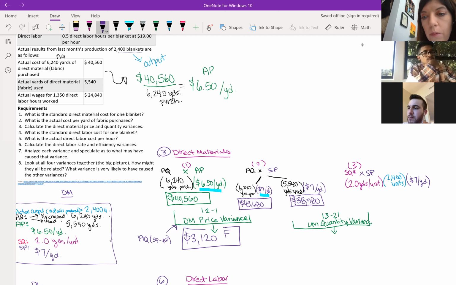So 2 yards per unit times 2,400 units, you should have used 4,800 yards to produce 2,400 units, right? And you should have paid $7 per yard.